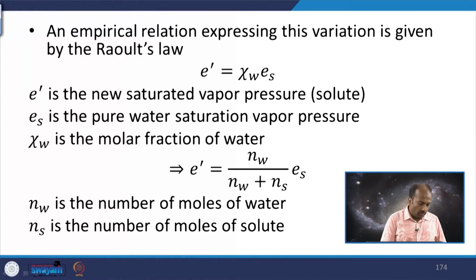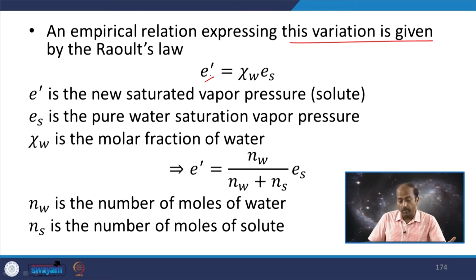An empirical relation expressing this variation is given by Raoult's law, right. We already have this relation, let us say. Here E prime is the new saturation vapor pressure in the presence of a solute, Es is the saturation vapor pressure in the absence of a solute, that is, over pure water, and chi W is the molar fraction of water.